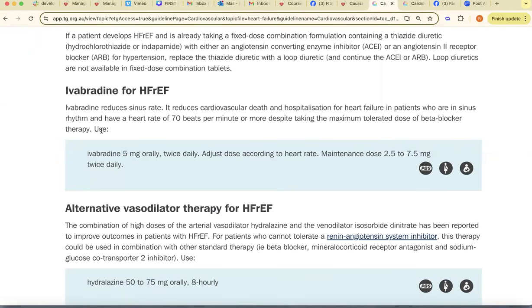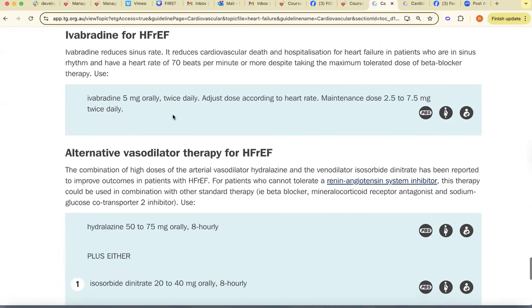Ivabradine is only indicated if a patient is on an existing beta blocker treatment like bisoprolol or any of the others, and even with the maximum dose, the patient still has heart failure symptoms. And also, if ejection fraction goes below 35%, in that patient we can change that beta blocker to ivabradine.